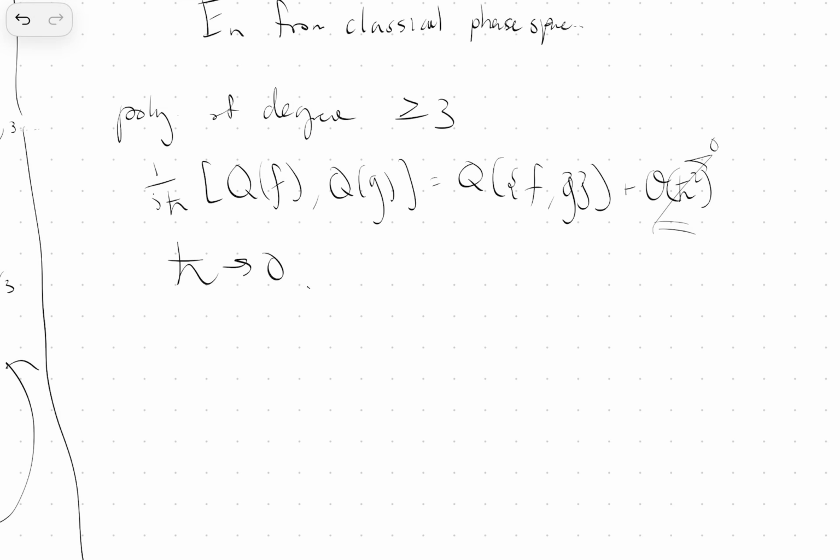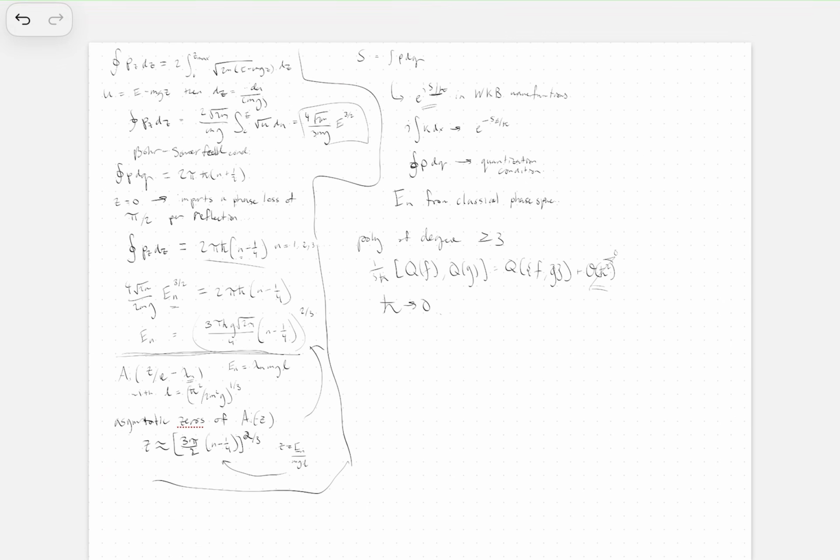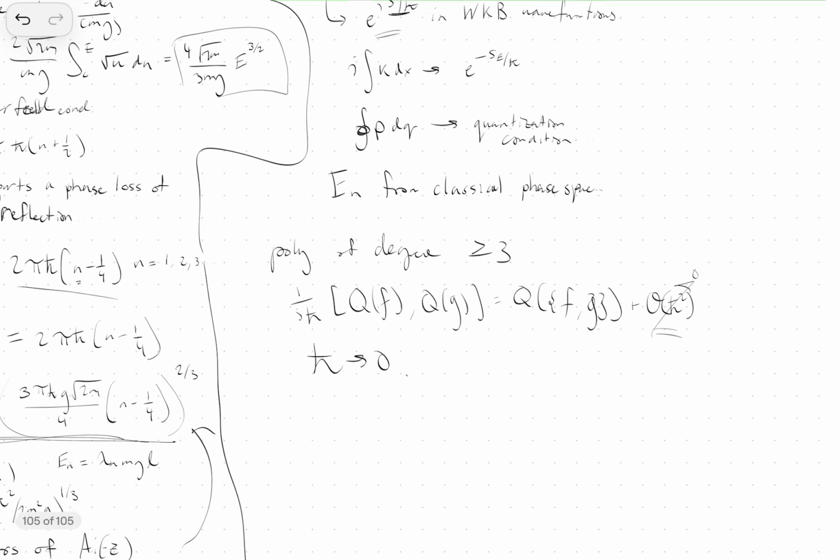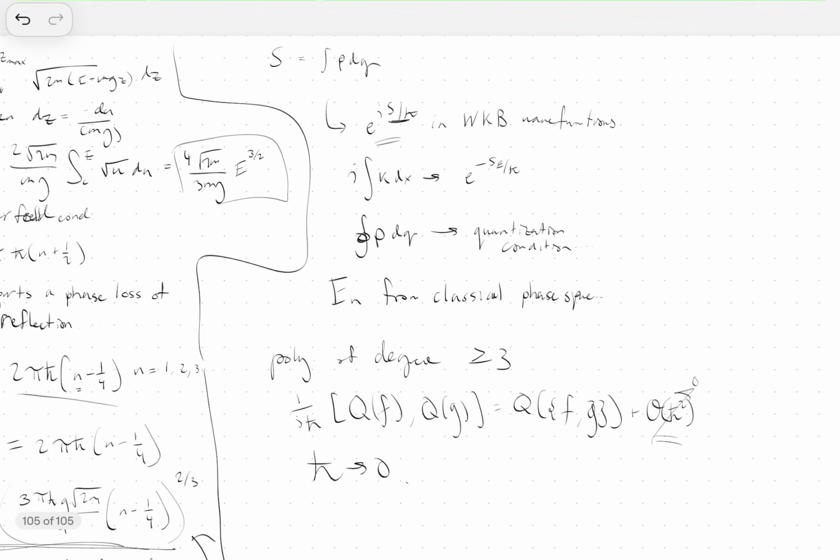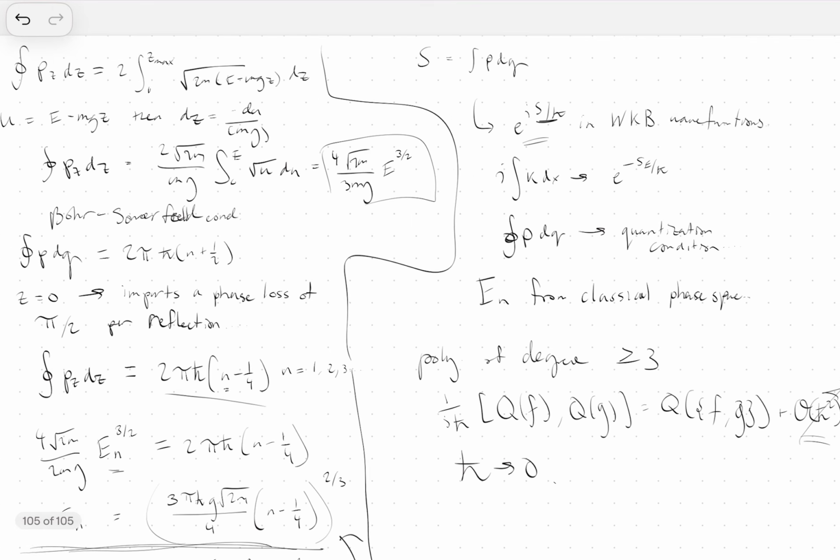So quantum mechanics, at finite h bar, deforms the classical algebra. Really, the central message of this, if you take away anything, is that quantum mechanics doesn't replace classical mechanics, it just builds upon it. So the classical action is the key that unlocks tunneling and spectra and wave propagation.